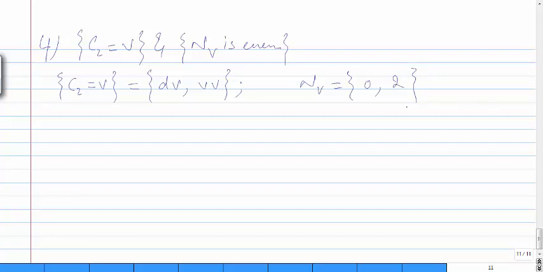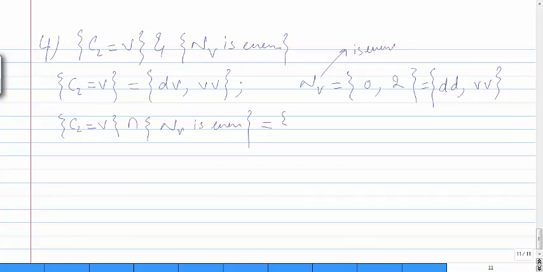For 0 we have DD, for 2 we have VV. Now take the intersection of these events. Let's see the outcomes in the intersection. The intersection is VV.